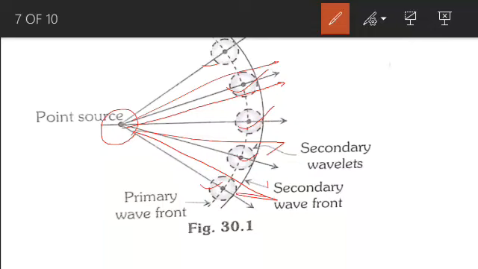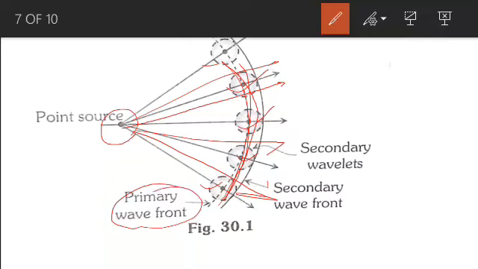Now if you join these points with a line, then you will obviously obtain the locus. This locus of same phase points is known as the wavefront. So this locus is the primary wavefront.